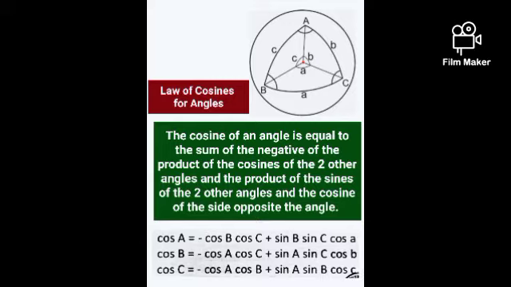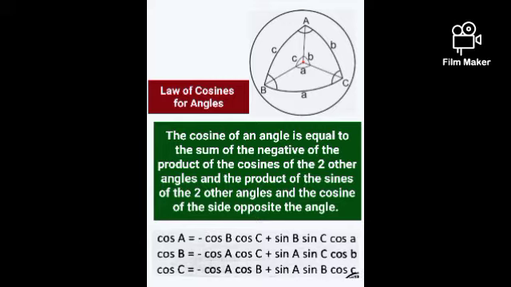By the law of cosines for angles, the cosine of angle capital A is equal to the sum of the negative of the product of the cosines of the two other angles, which are angle capital B and angle capital C, and the product of the sines of the two other angles, capital letters B and C, and the cosine of the side opposite angle A, which is side small a.